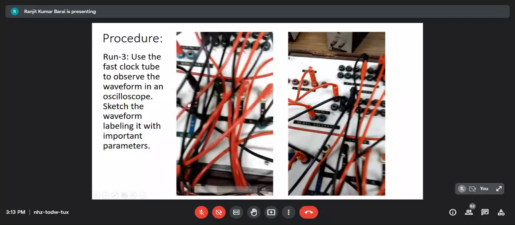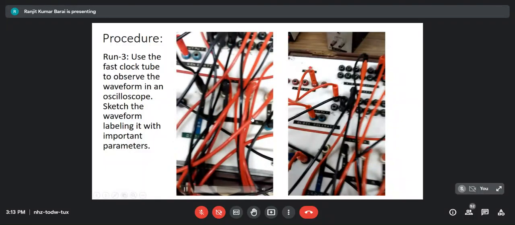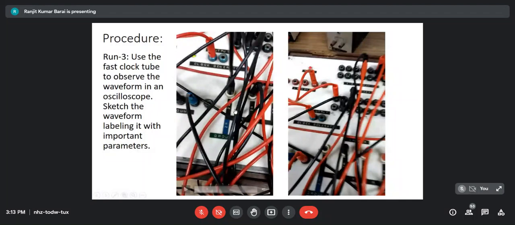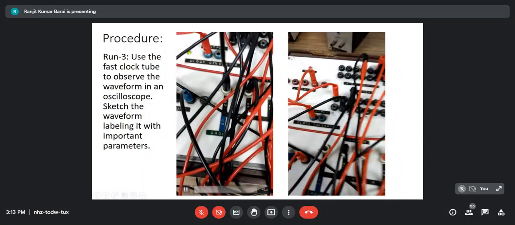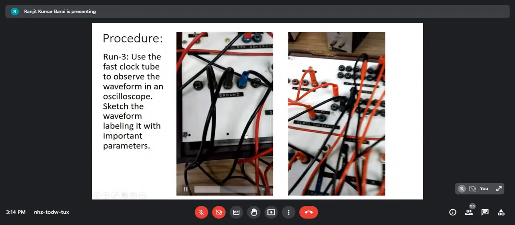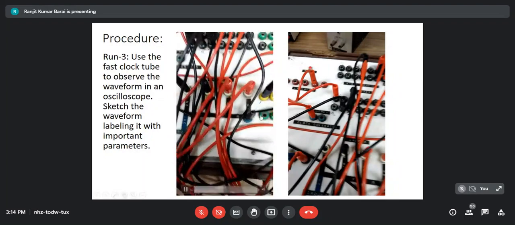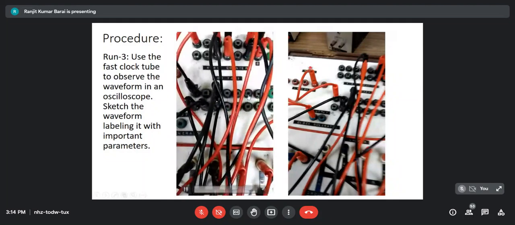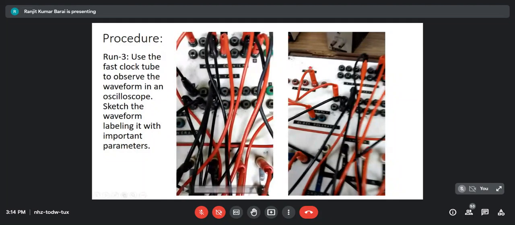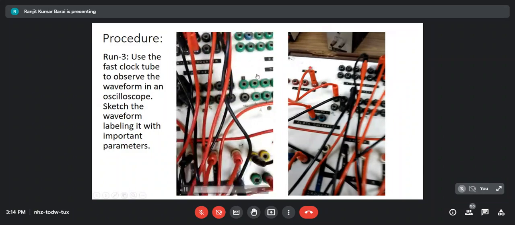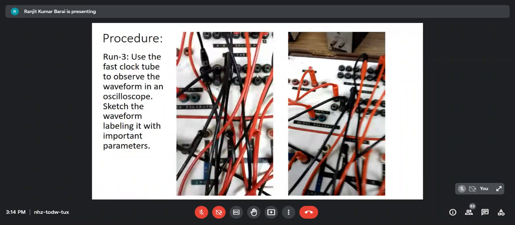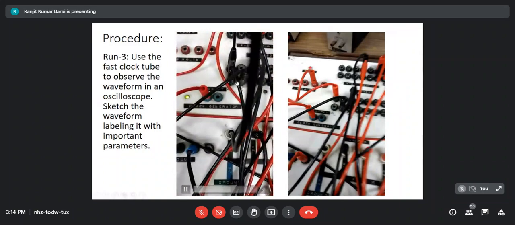And here the R-2R ladder network is quite visible, R and 2R. The lower side of the setup is the R-2R ladder network, and the upper side is the counter. Very simple circuit. So this is the 4-bit counter with terminals. A dual inline package is given, with 7 pins on each side, so 14 pins.